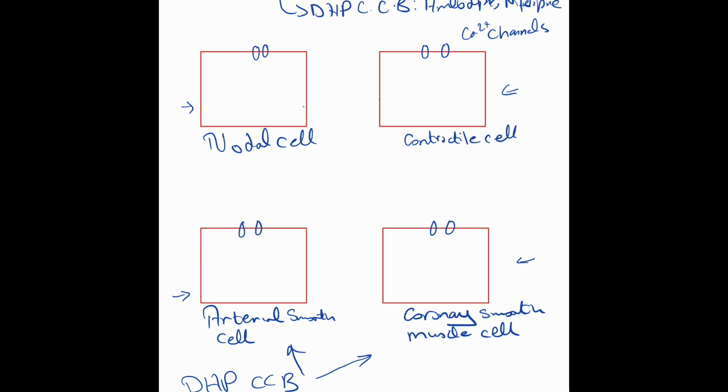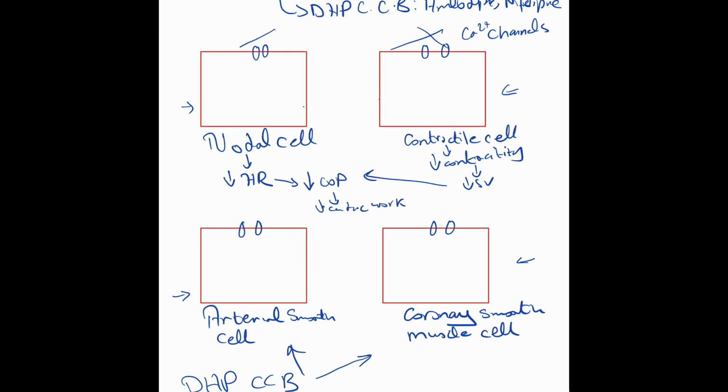If they block the calcium entry in the nodal cells, they would cause decreased heart rate. Decreased heart rate equals decreased cardiac output. Blockage of the calcium channel entrance to the contractile cells causes decreased contractility. And since you have decreased contractility, you have decreased stroke volume, then decreased cardiac output, decreased cardiac work, and decreased oxygen demand.